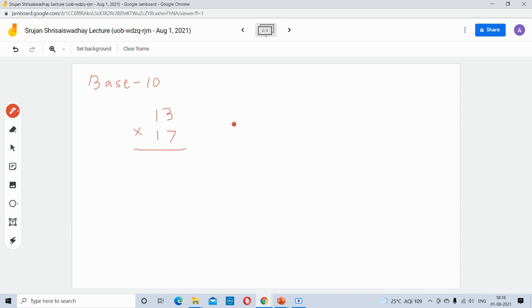Now this number is greater than 10. So 13 is greater than 10, so I'm going to put a plus sign. How much is it exceeding 10 by? By 3. And here, 17 exceeds by 7, so I'm writing plus 7 over here.